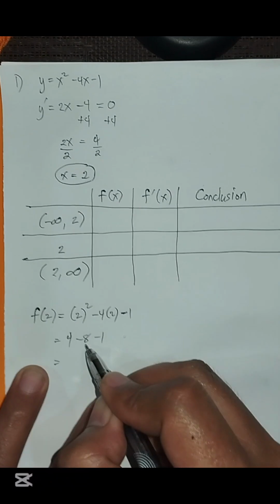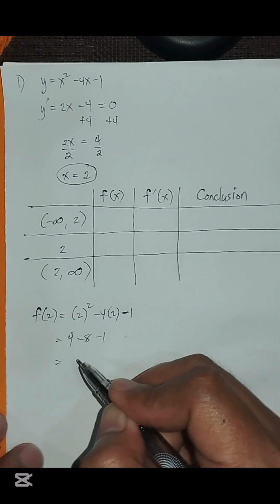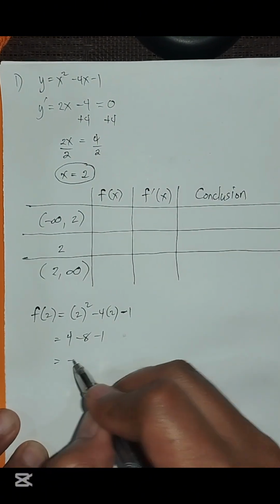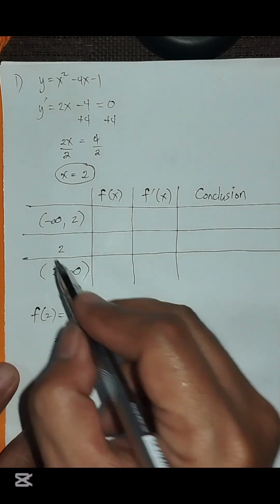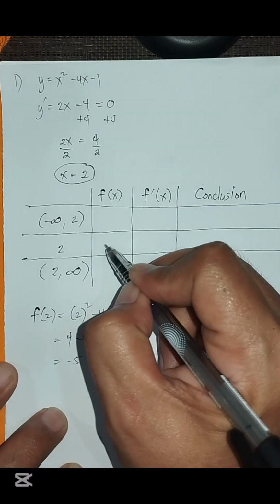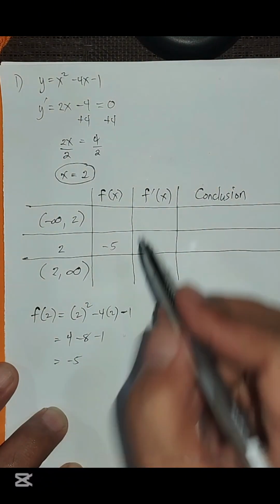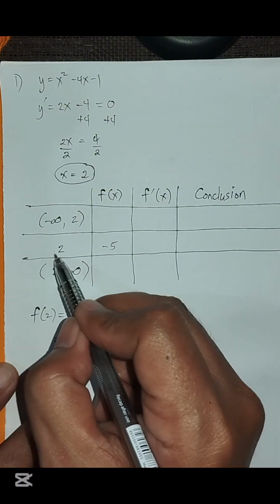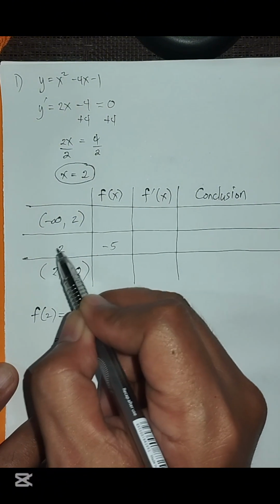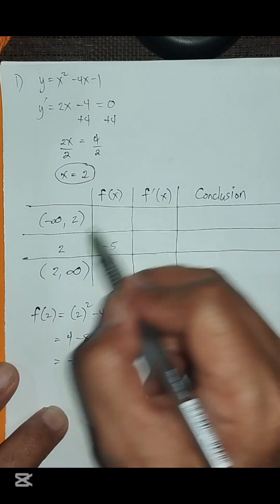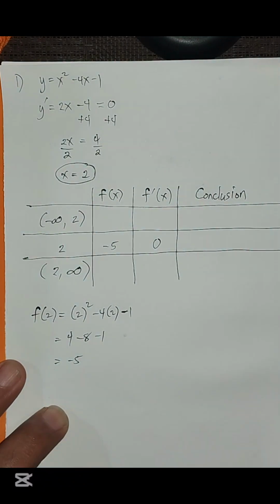So 4 minus 8 is negative 4, minus 1 is negative 5. So the point is 2, negative 5. Now f prime of x: this is our critical number, so f prime of 2 is equal to 0.